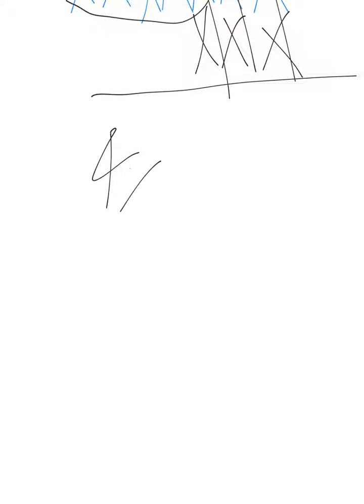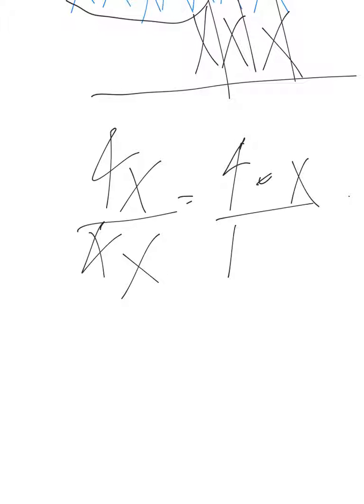This is what I was talking about earlier. If I did 4x divided by 4x, remember, that's like saying 4 times x divided by 4 times x. Anything divided by itself is 1. So 4 divided by 4 equals 1, and those would cancel out.